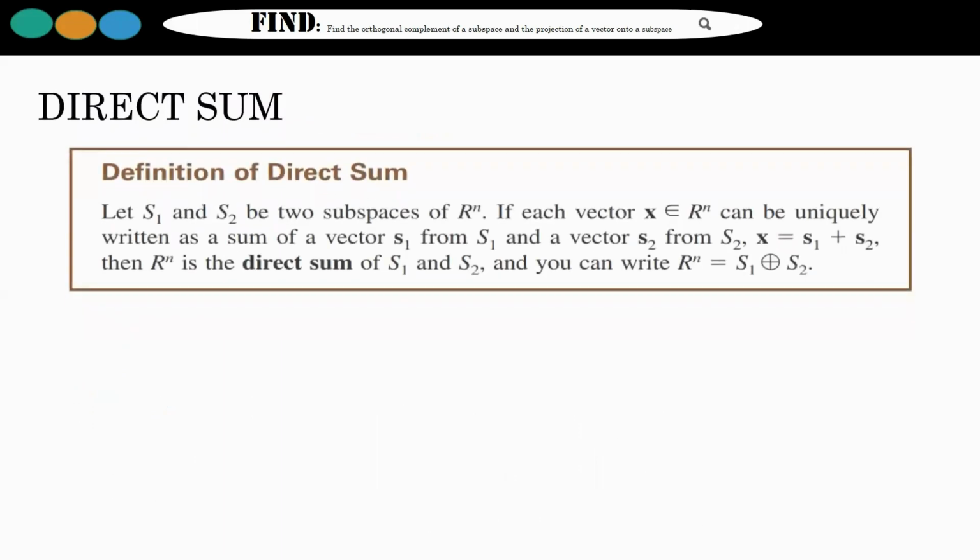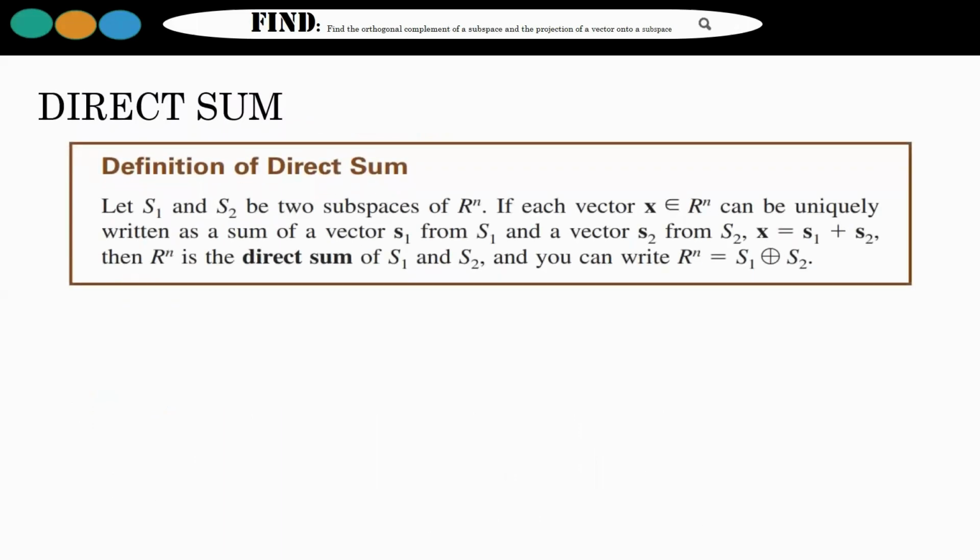For the direct sum, the definition: let S sub 1 and S sub 2 be two subspaces of R to the n power.